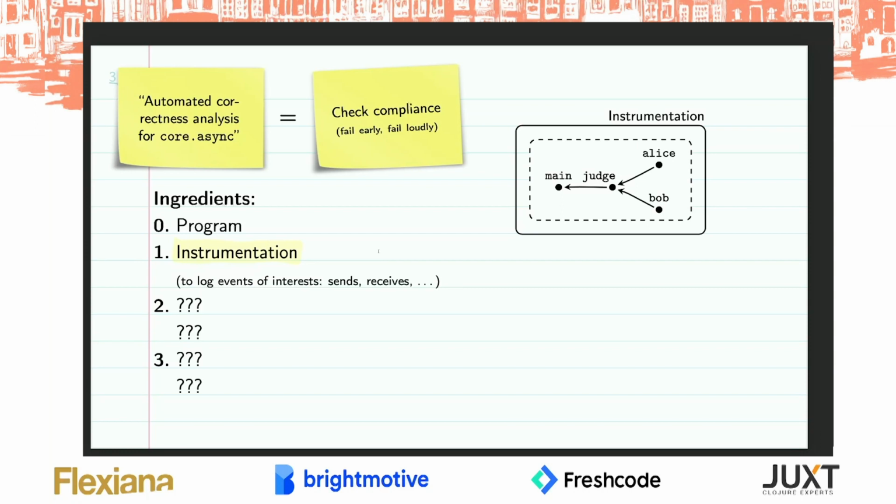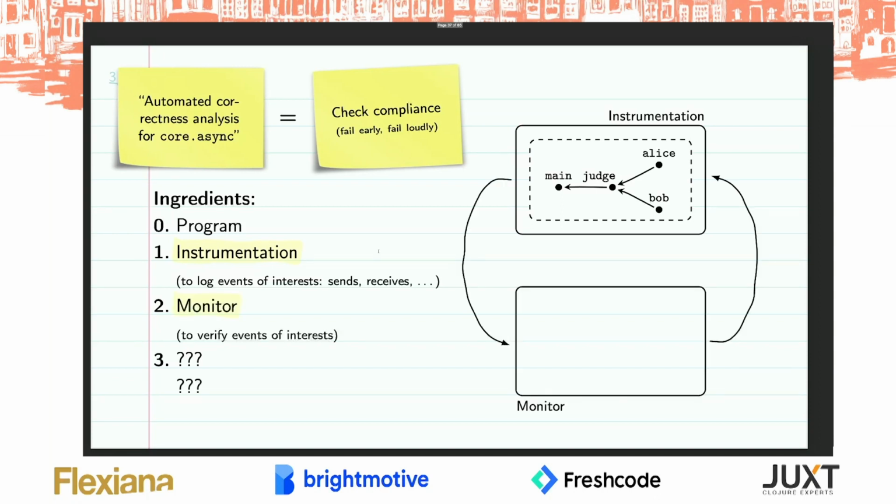Now, logging these events is only the first step, of course, because when we know which events have happened in the program, we also need a mechanism to pass judgment, to say, okay, these events have been okay, or these were not compliant. And so the second real component that we add is a runtime monitor. What the instrumentation together with the monitor do at runtime is communicate with each other in a loop.